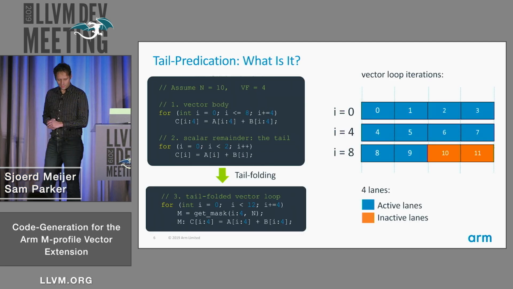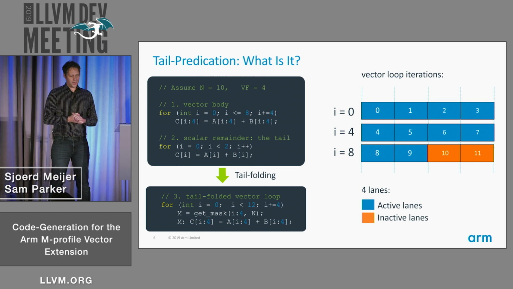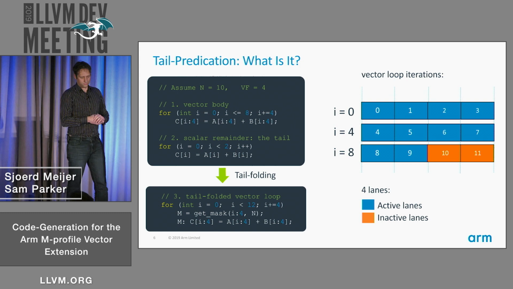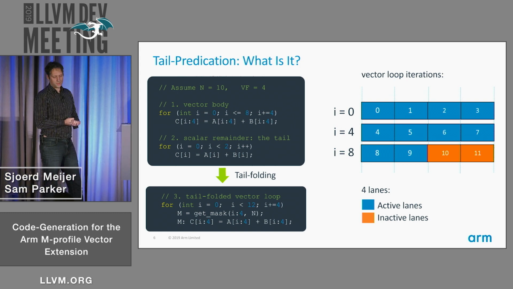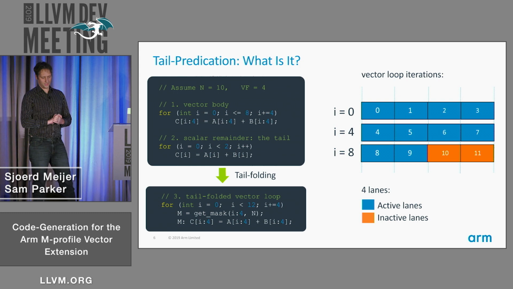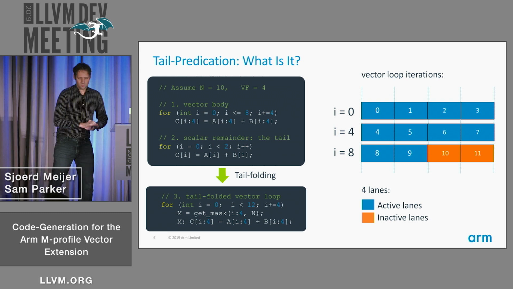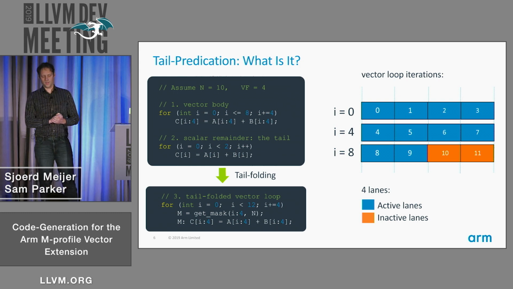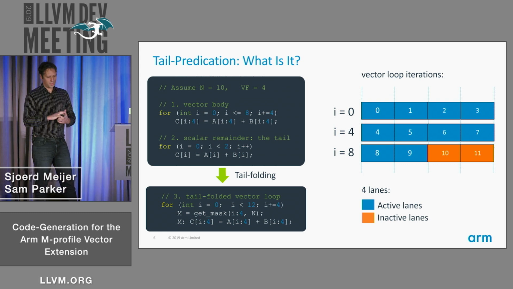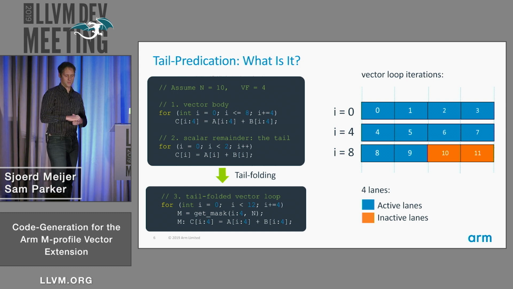Shown on the top left is now the corresponding vector code, and just for this example, let's assume that n equals 10, so we execute 10 iterations, and that means that we process 10 elements of the vectors. And then let's make a second assumption that we vectorize this with a factor of 4. And that means that we pack 4 elements into a vector. And so the vector operations work on 4 elements at the same time.